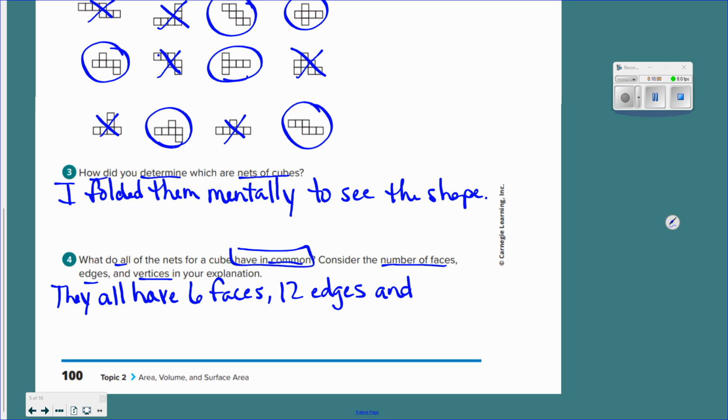Vertices, that's where 3 edges meet each. 4 on top, 4 on bottom gives me 8 vertices.